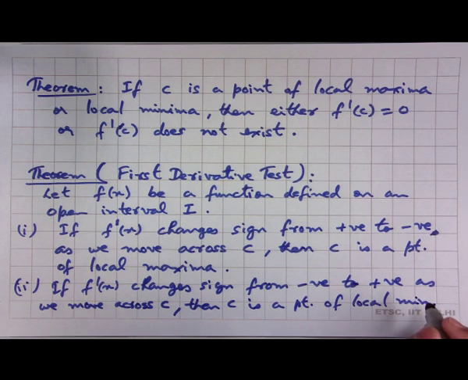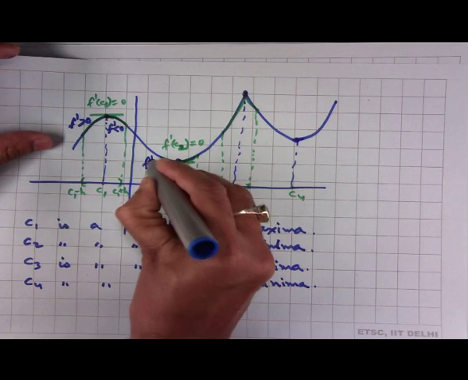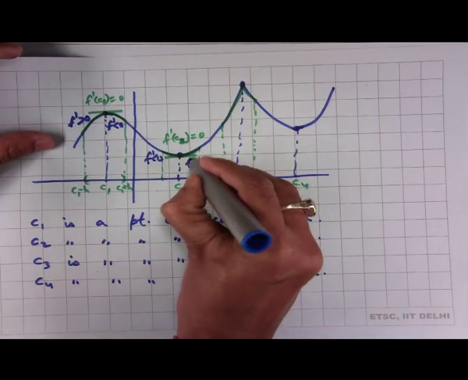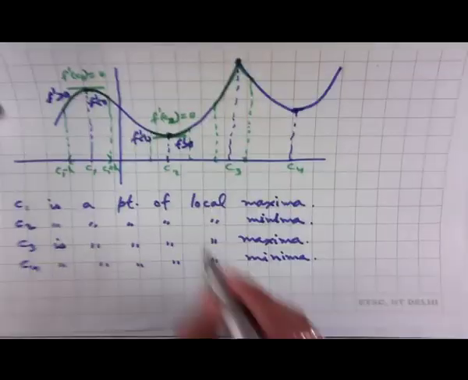As you can see, at the local minima, f prime changes from f prime less than 0 to f prime greater than 0 as we move across this point C2.